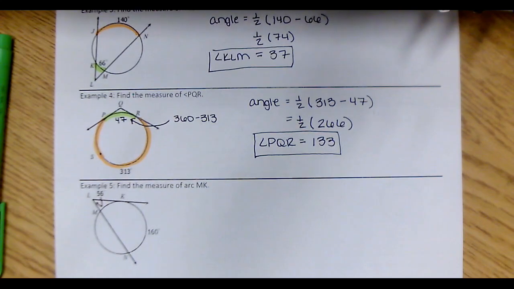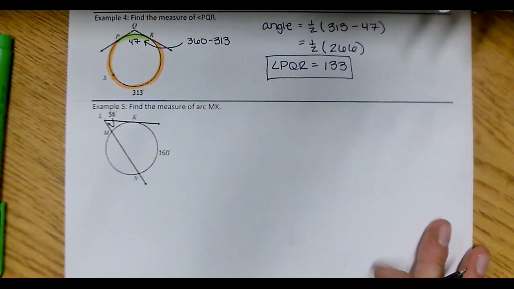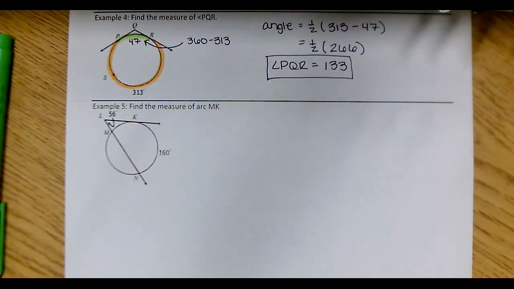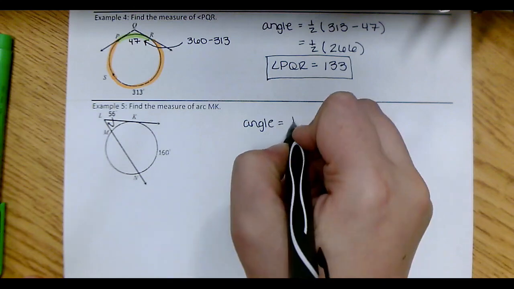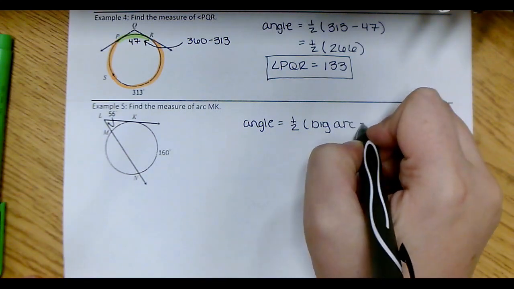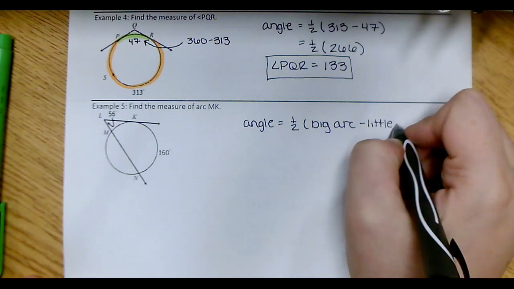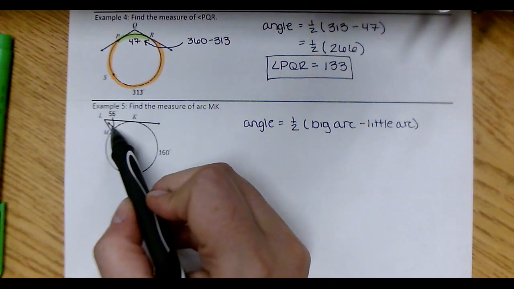Okay, now what if you were given the angle measure instead of having both of the arcs in your picture? Well, it's still going to be working out the same way. We're still using that same formula. So our angle is 1/2 our big arc minus our little arc. So looking at our picture, we definitely have the angle.